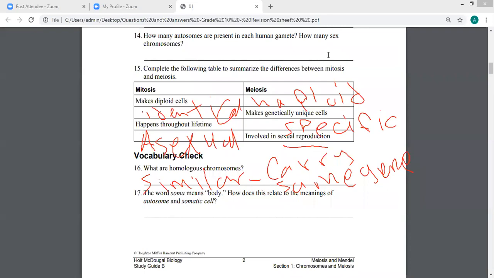The function of autosomes, the body chromosomes, is important for the development of the body of the person.